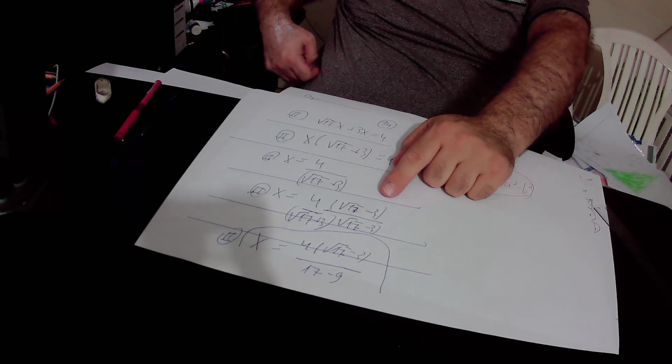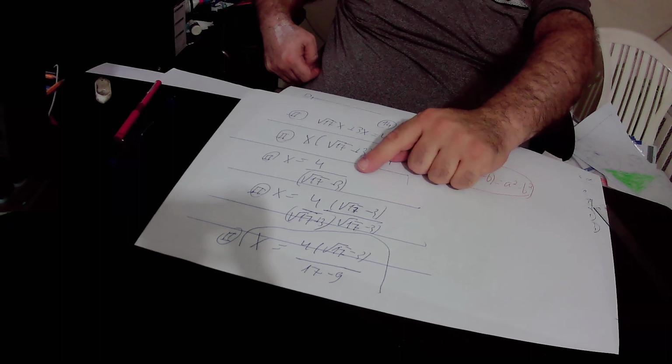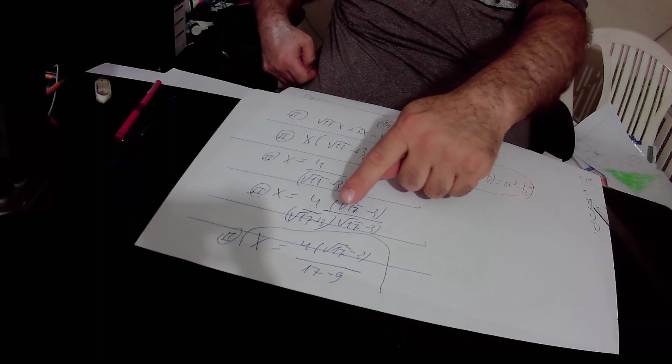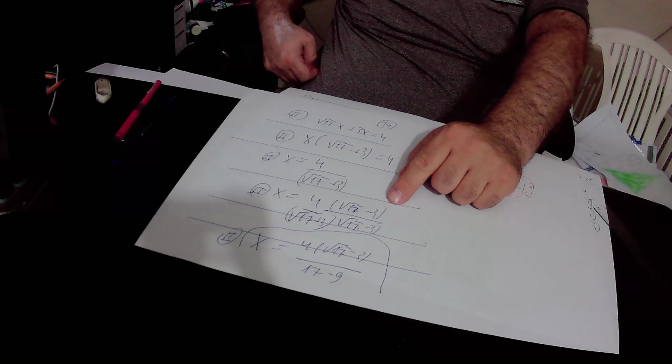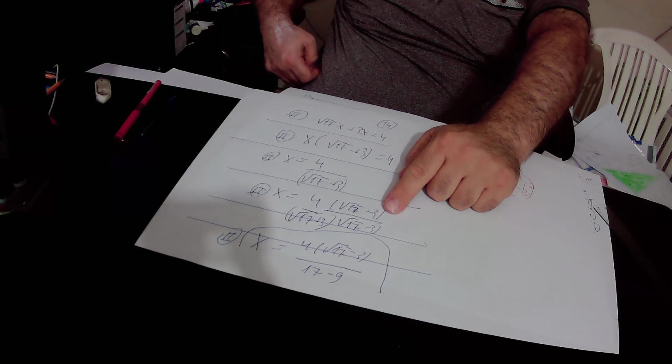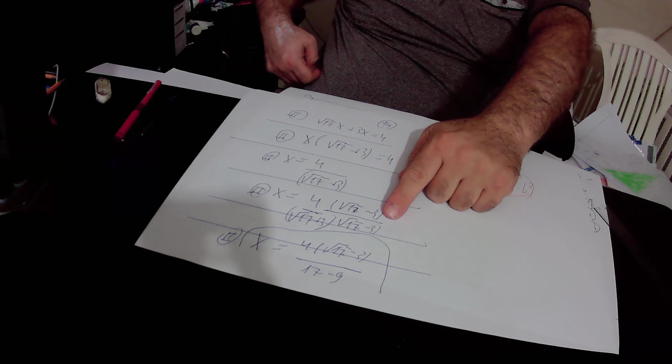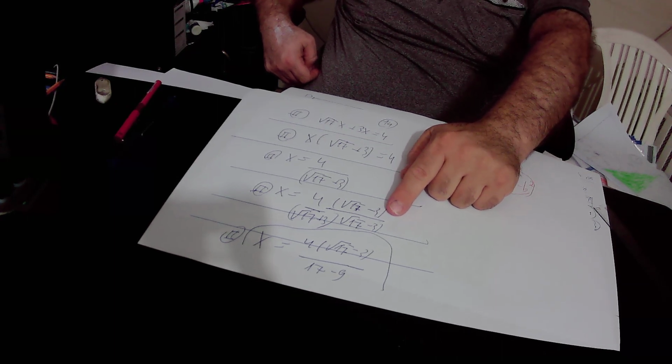So we got that x equals 4 over square root of 17 plus 3. We multiply it by square root of 17 minus 3, and then we divide it by the same expression, so it is allowable because we changed nothing.